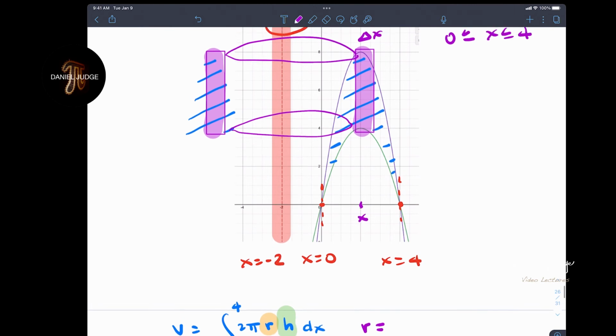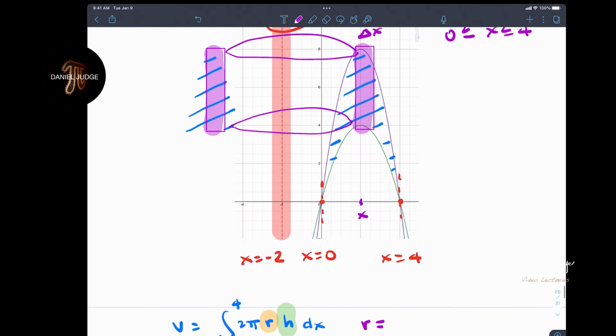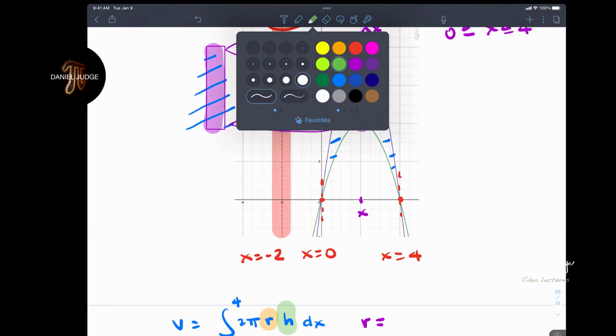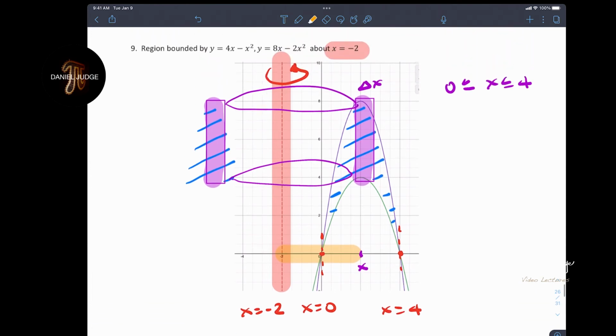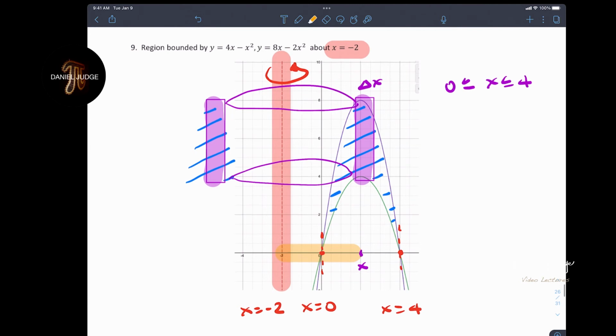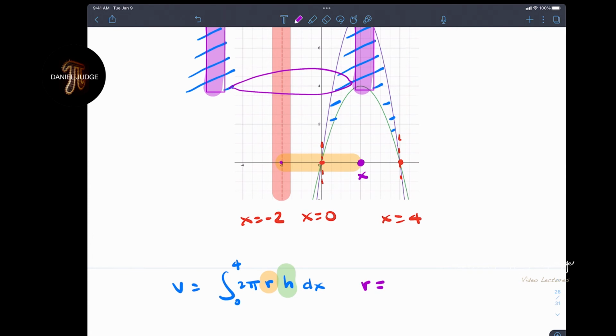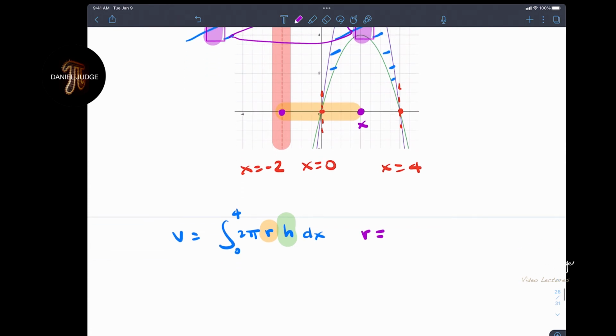So what I want to remark here, again, is a detail that's different than what you've seen. You're already aware that your radius will be the right value minus the left value. So if this is the arbitrary x value, and this is x is -2, this is on the right, and this is on the left.